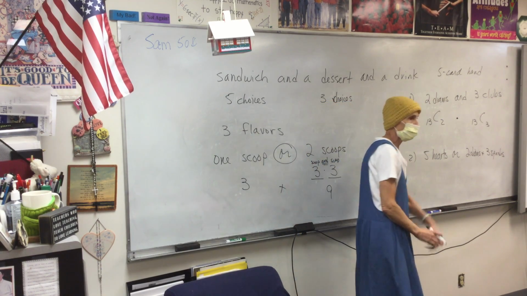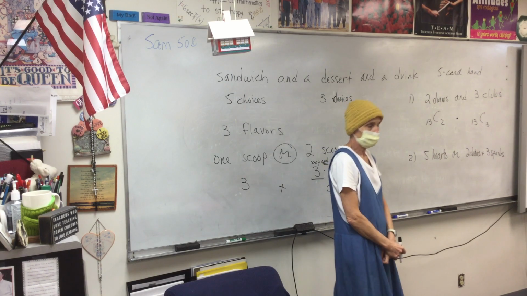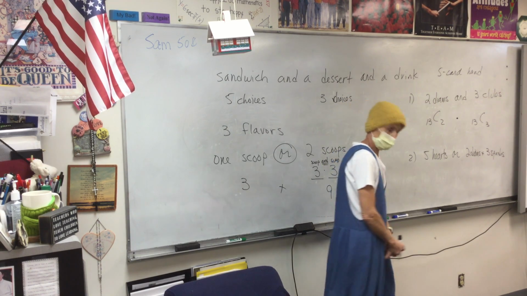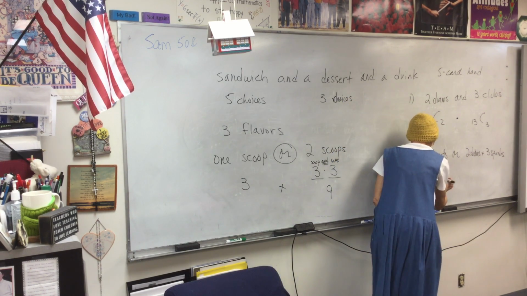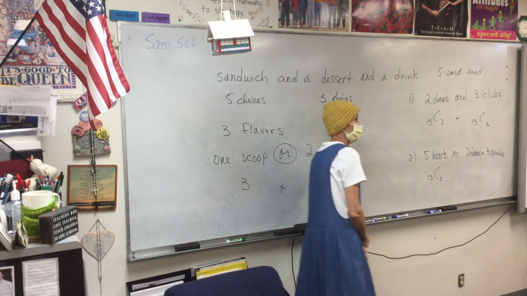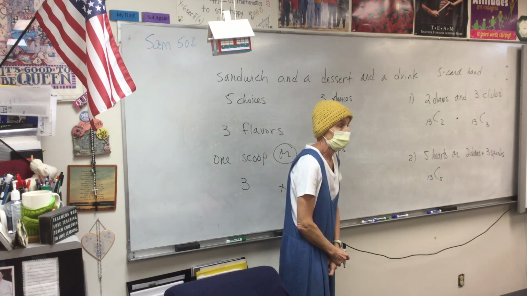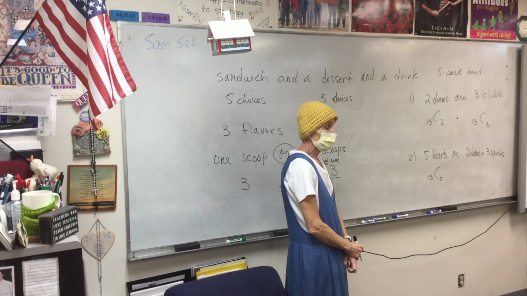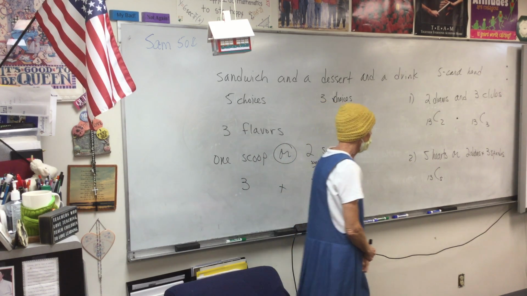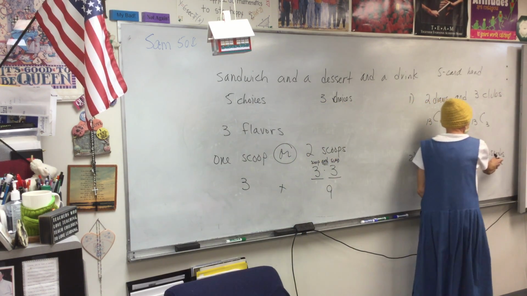Now, 5 hearts. What would that look like? 13C5. Again, there are 13 of each suit: clubs, hearts, spades, and diamonds. What would 2 diamonds and 3 spades look like?